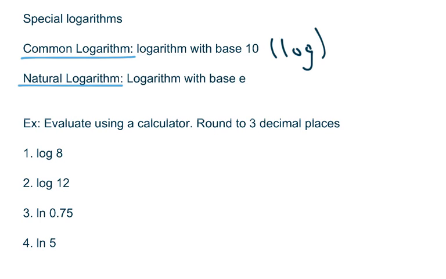Anytime you see a logarithm written without a base, like these two right here that I've got examples of that we'll get to in just a second, we assume that it is base 10. If it's not base 10, there will be something written there for the base. So a common log is the log with base 10. It's the log button on your calculator. It's right next to the 7 if you're looking at your graphing calculator.